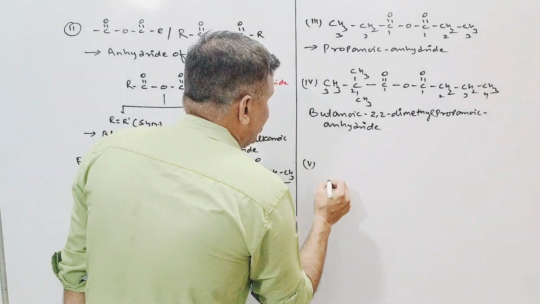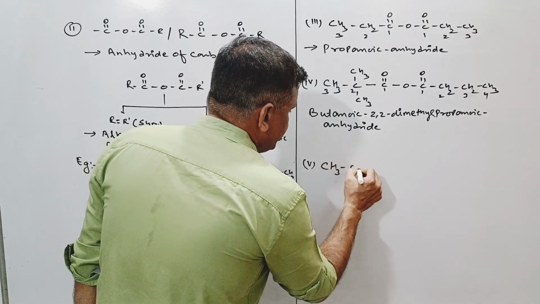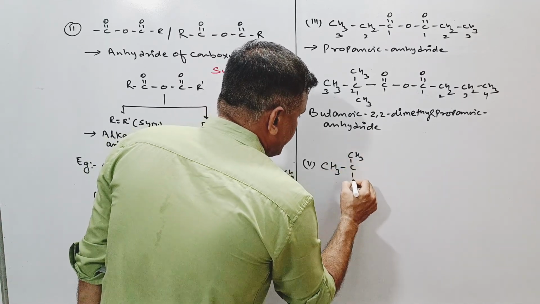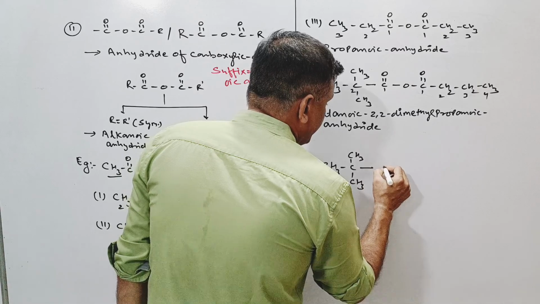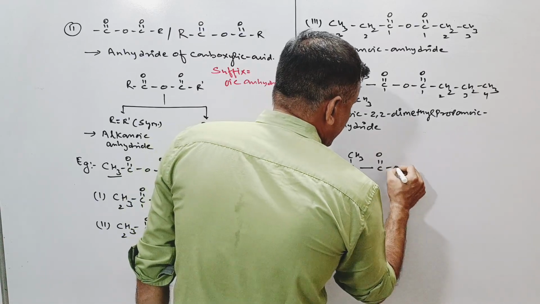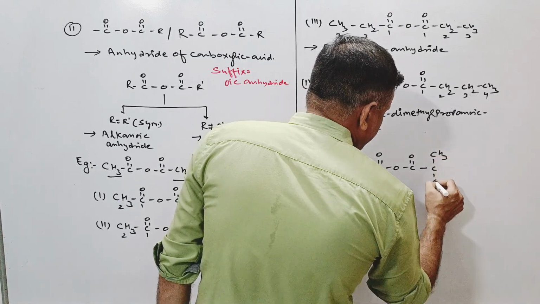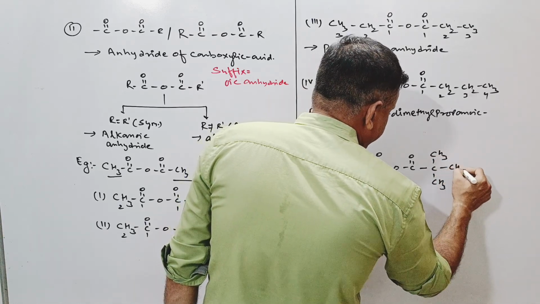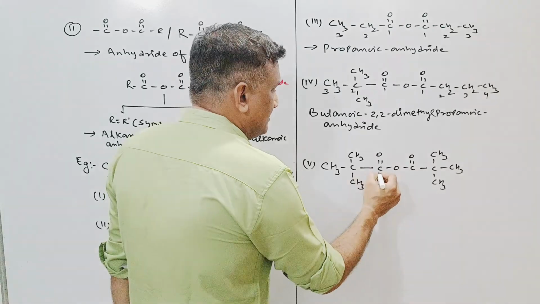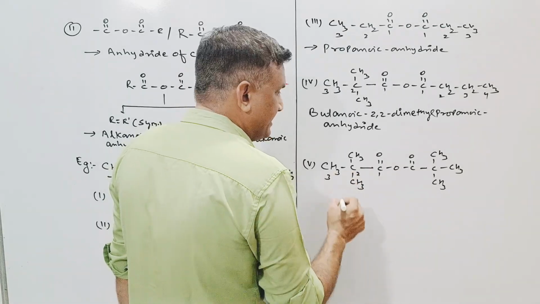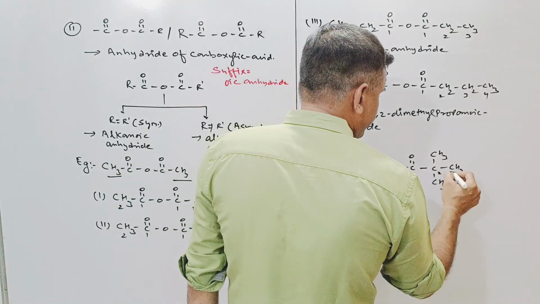If it is symmetrical as follows, CH3, C, CH3. This is the CH3. This is the CO, O, CO. This is the C(CH3)(CH3) and CH3. So it is symmetrical. Regarding it, the name will be as follows.